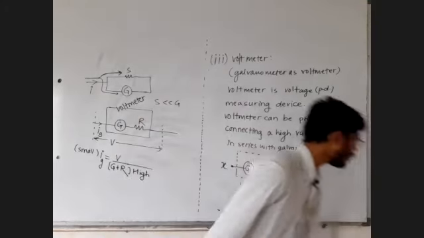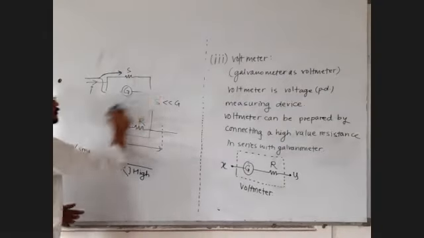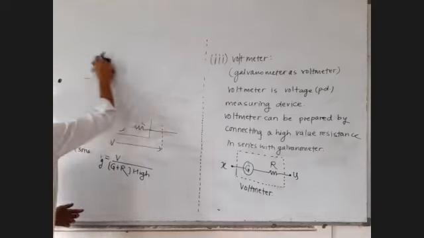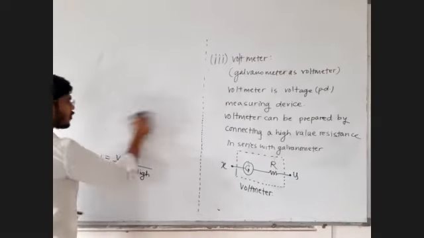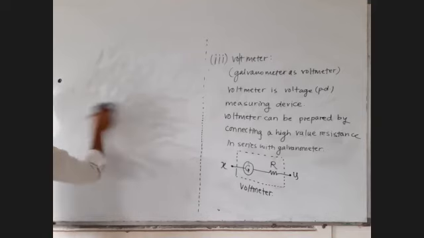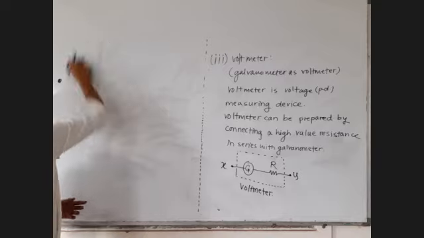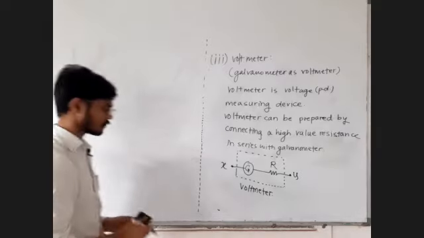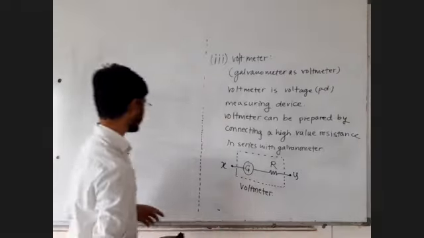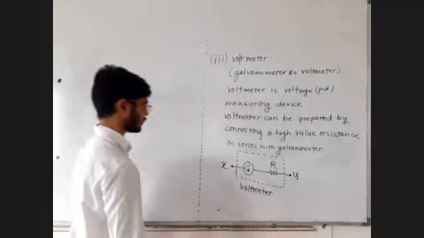Sir, how is this arrangement capable of measuring potential difference now? Let's see. We learned how the ammeter is able to measure the current. Now we will learn how the voltmeter is able to measure the voltage.